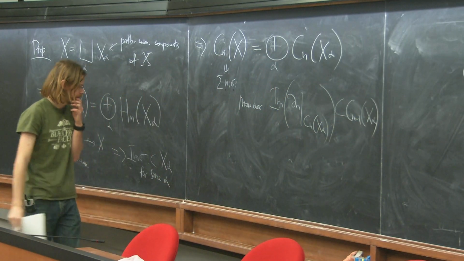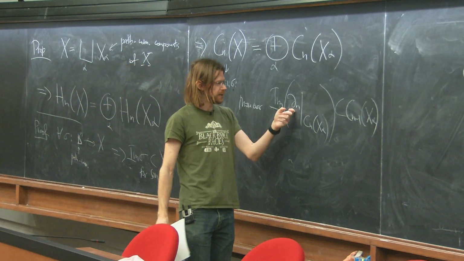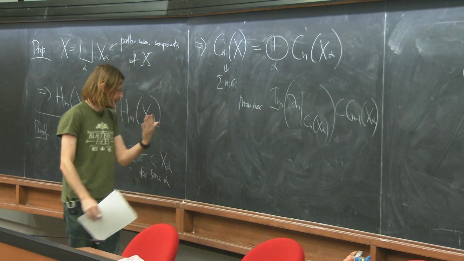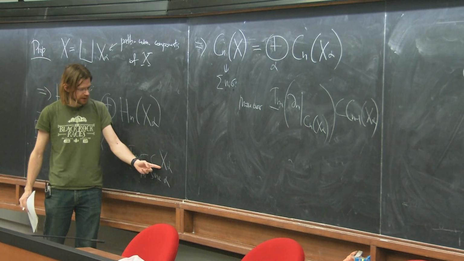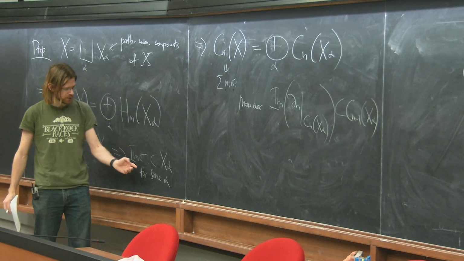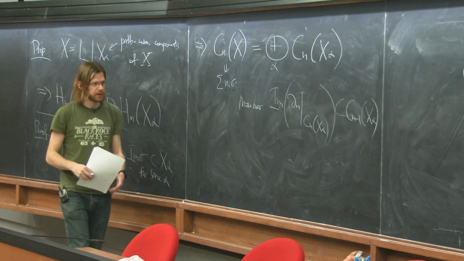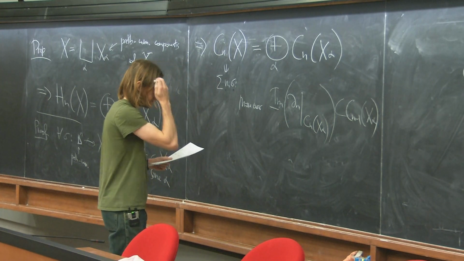Because by definition the boundary is given in terms of restricting our maps to the faces, and of course if the original map has image in some X alpha, all these restrictions will also have image in the same X alpha. That's why we have this thing here.